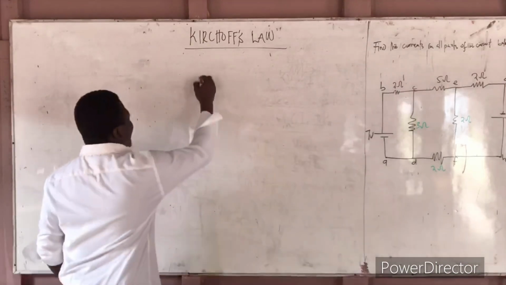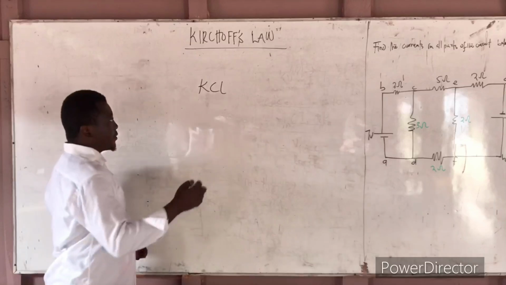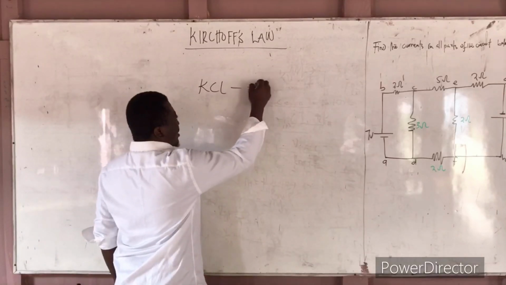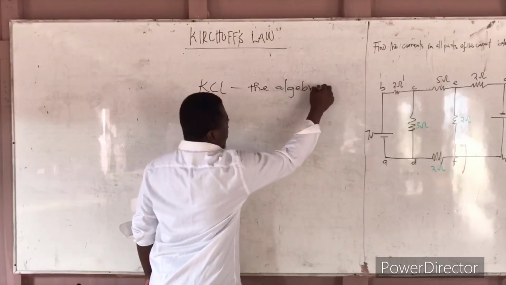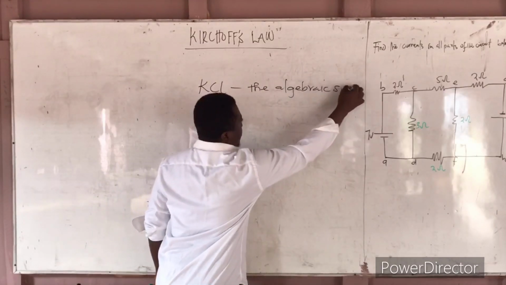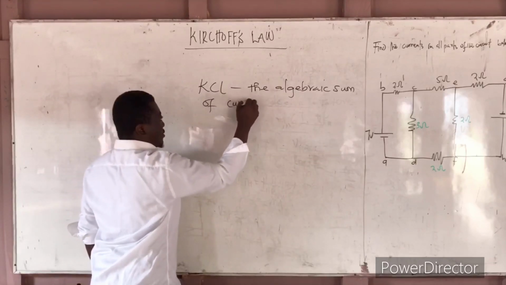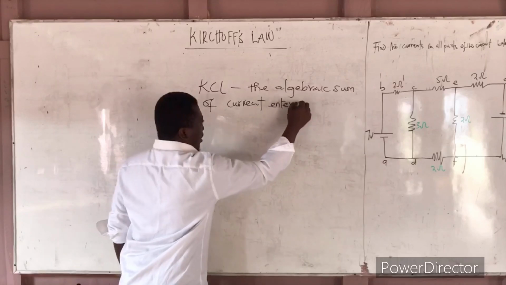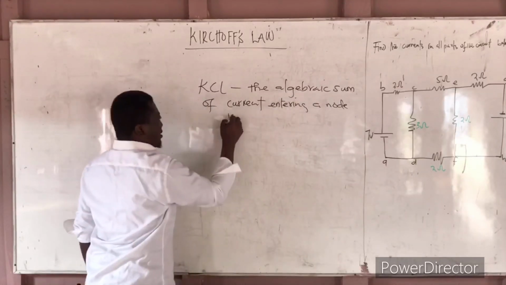So with the KCL, Kirchhoff said that the algebraic sum of currents entering a node is zero.